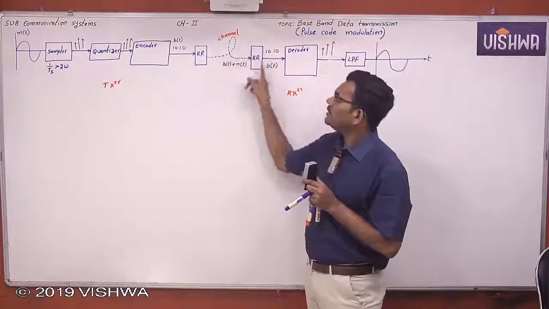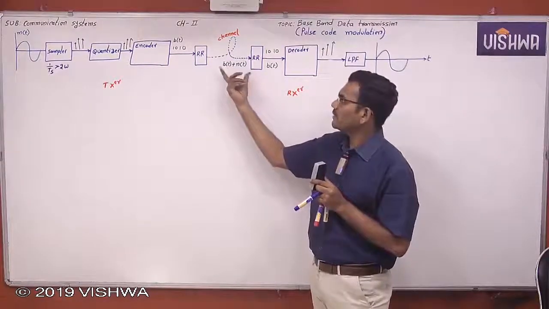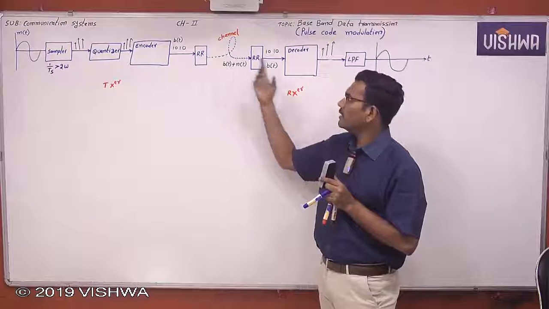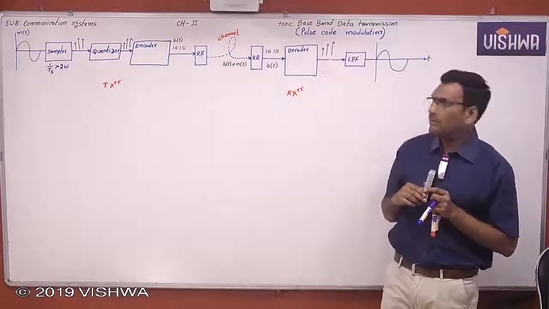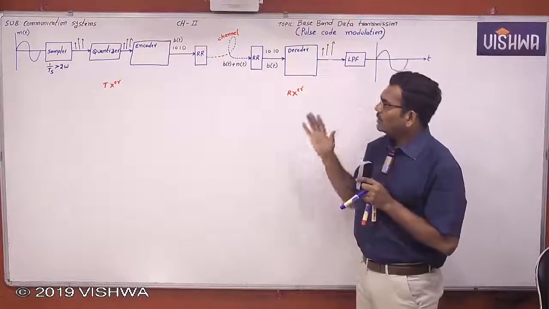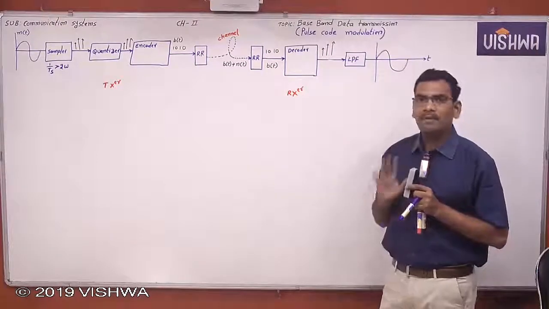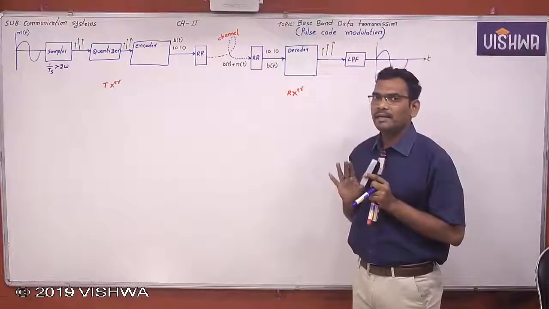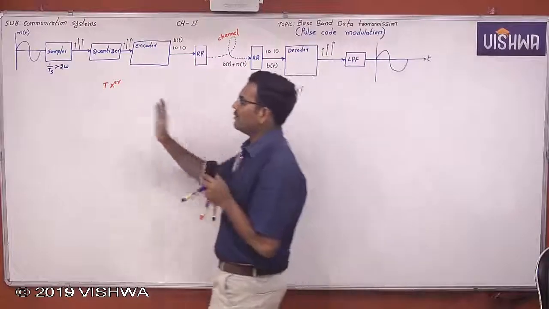In addition, between the transmitter and receiver there is a channel, where we use regenerative repeaters. So we now have a clear understanding of this block diagram and of sampling.